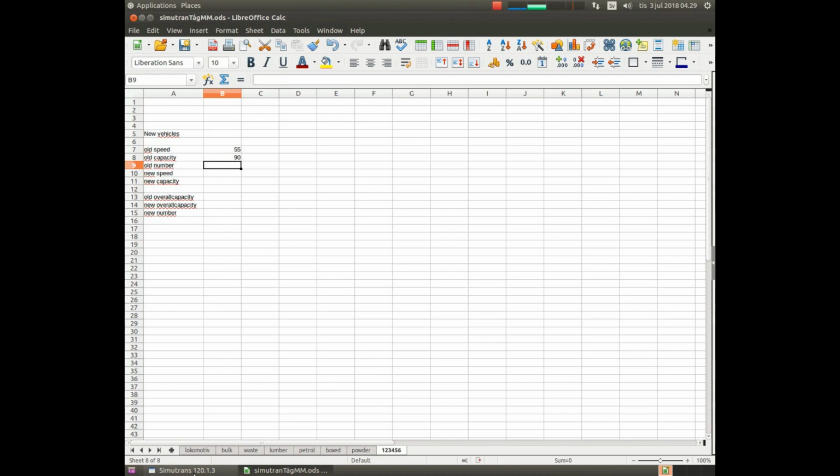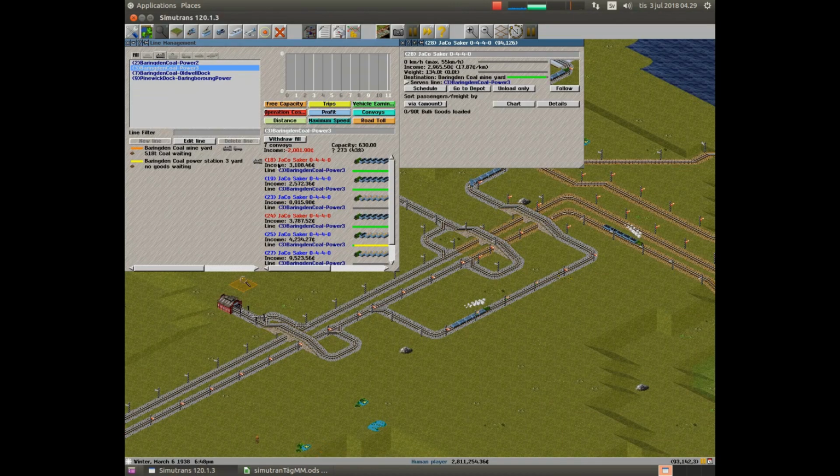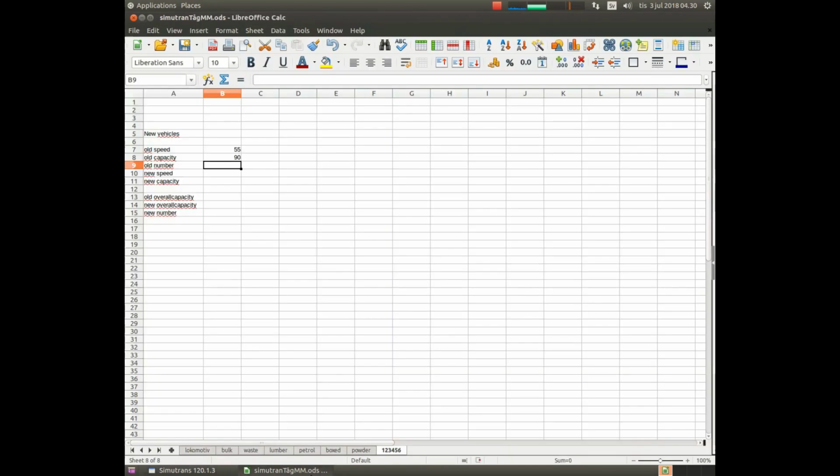The old number of trains is 7 trains on line 3. The new speed, we should drive them at 90 km per hour.